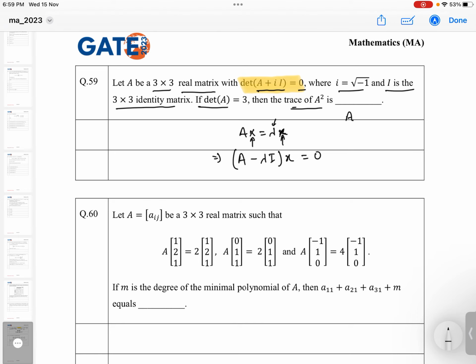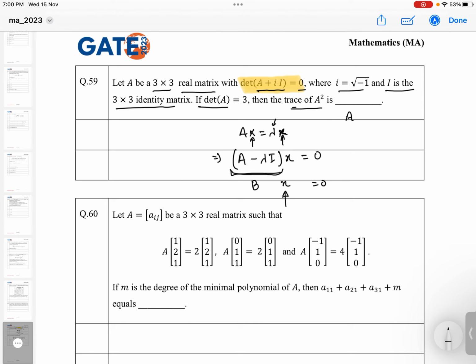Now this is again a system of equations where you can take this as B and this is x, so Bx is equal to 0. Now what you will look for is the null space.